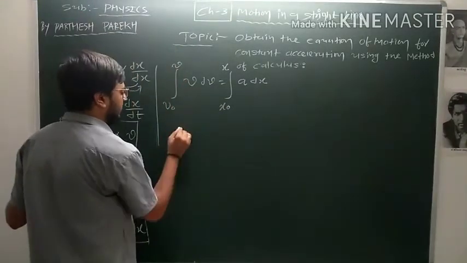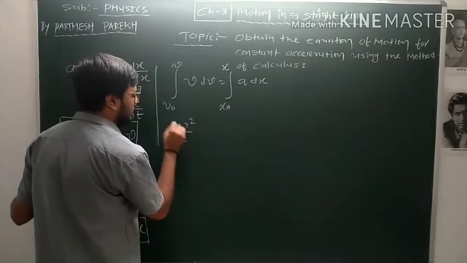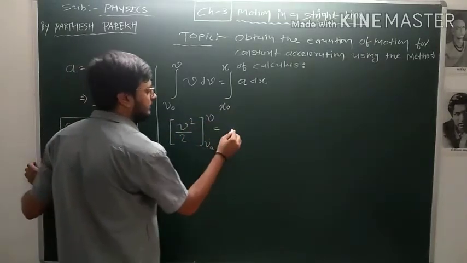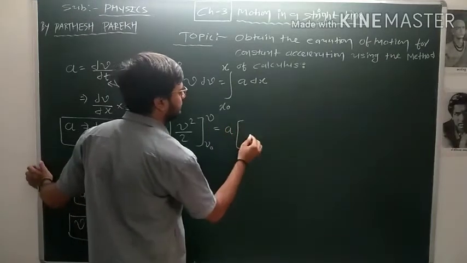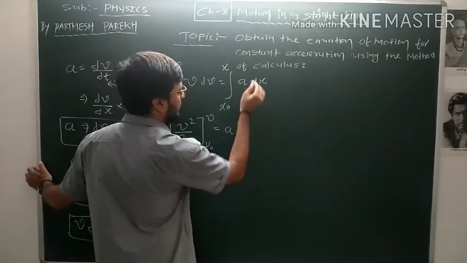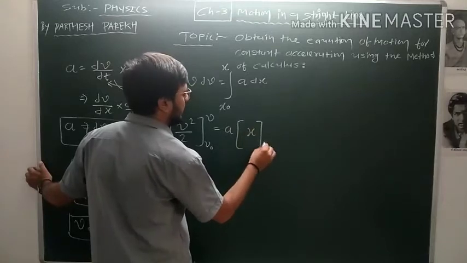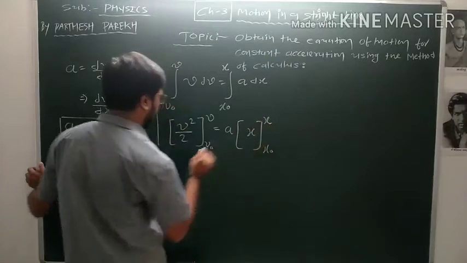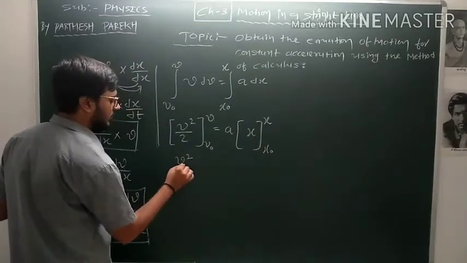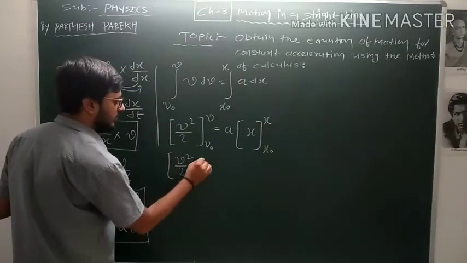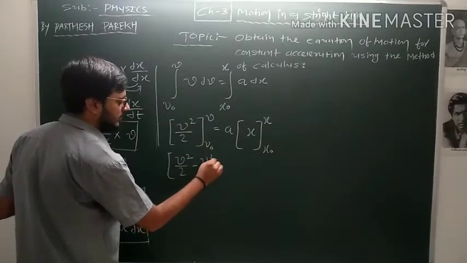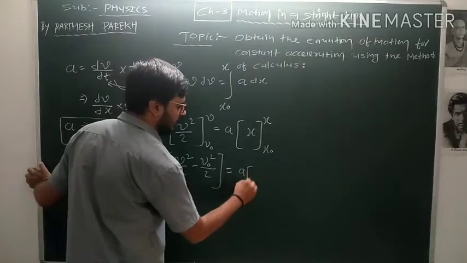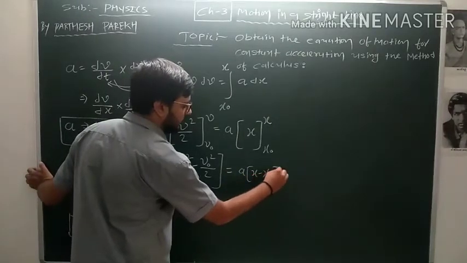Now integrate this term: v square by 2 with limits v naught to v. Since a is constant, the integration of dx is nothing but x, with limits x naught to x. So v square by 2 minus v naught square by 2, upper limit minus lower limit, equals a times x minus x naught.